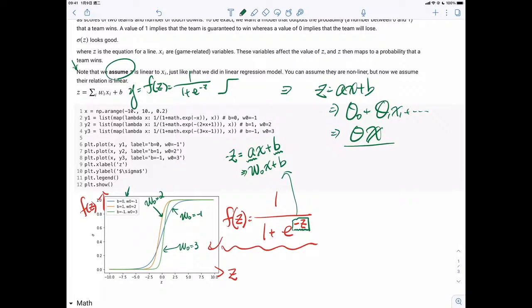There's no particular reason. You can even define a nonlinear function to describe the relationship between z and your x, your features. But for simplicity, we have learned linear regression, so linear looks good.